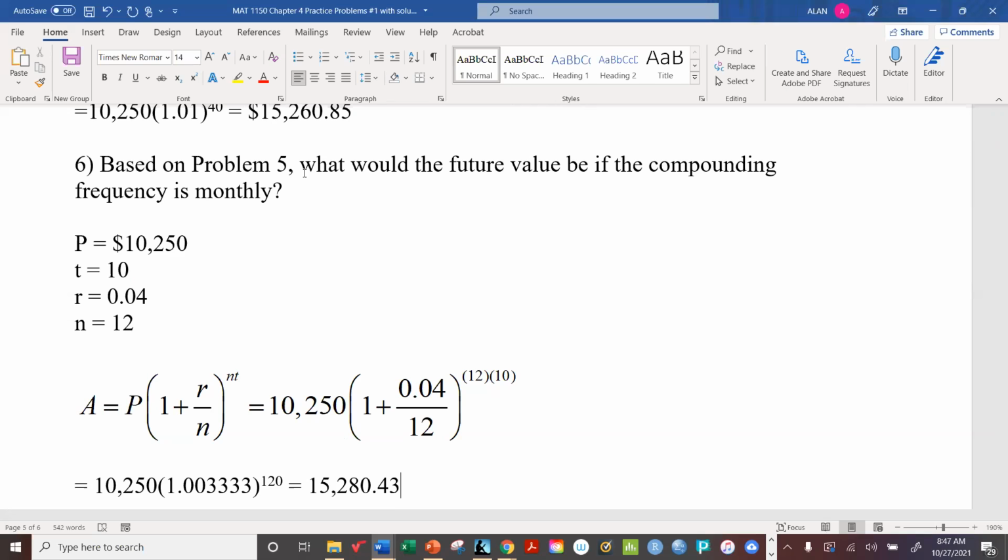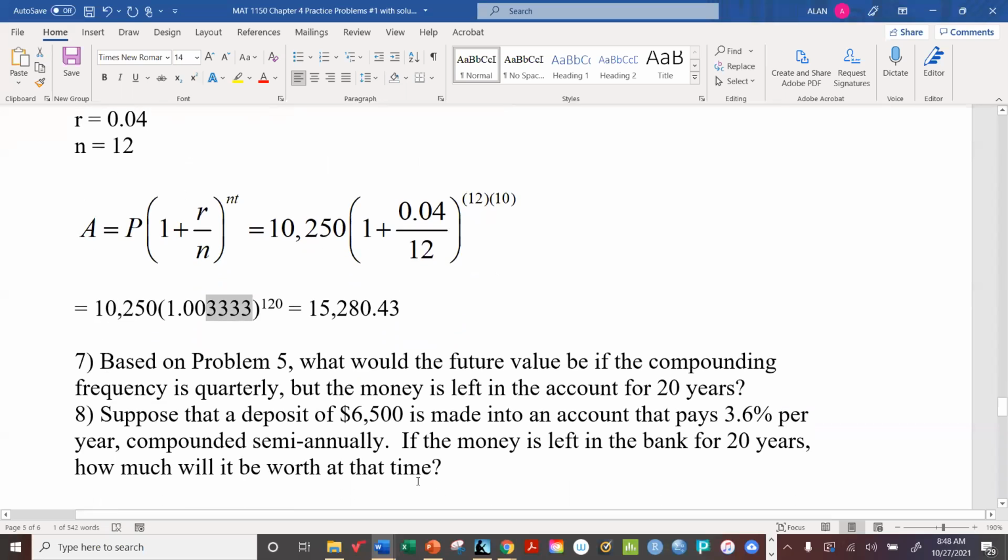If you round it to that many places, that's what you'll get. Okay, so just keep in mind that here there's a lot of potential for rounding problems because 4/12 is a third basically. And so you're going to have an infinite string of these threes. The more threes you leave in, the closer you'll get. The actual answer is almost $281, but this is close enough.